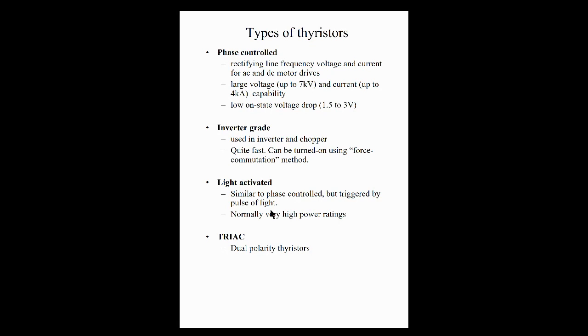So normally this type is used when we want to have some kind of circuit isolation between the high powered side of the circuit and the low powered side. You want to isolate them as much as possible. Then the light activated type of thyristor is normally used.